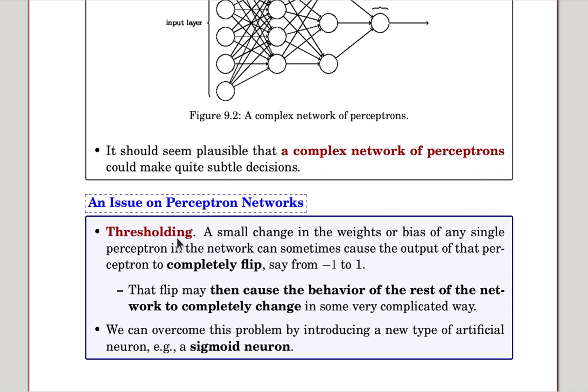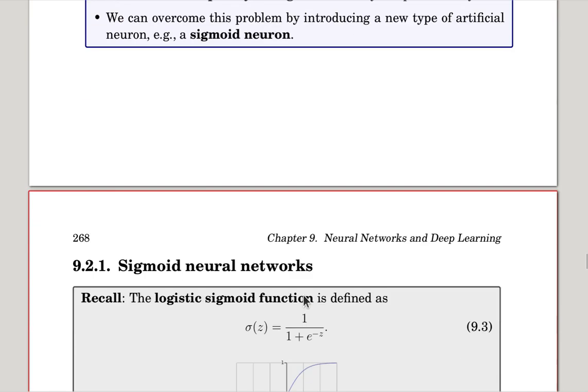To make it differentiable and stable, we may try to use some other activation function. For example, the sigmoid function can be used to get a sigmoid neuron. We'll see the detail here.